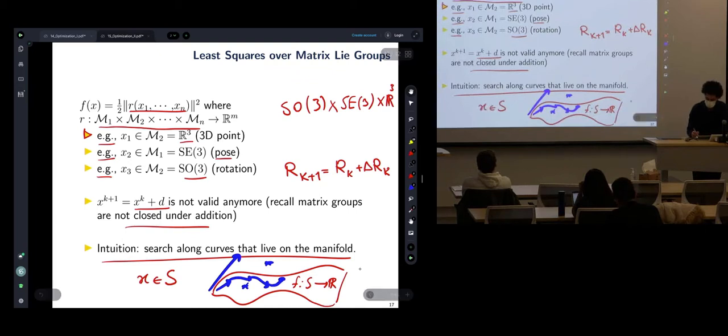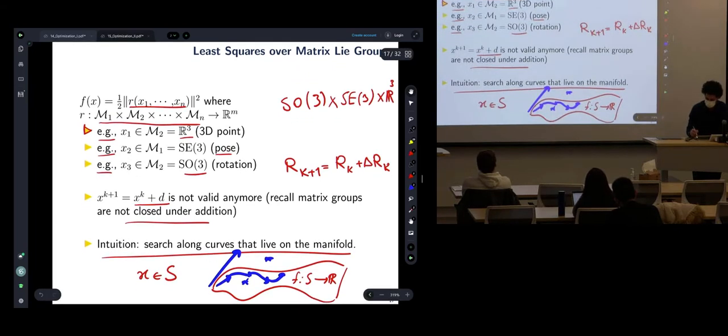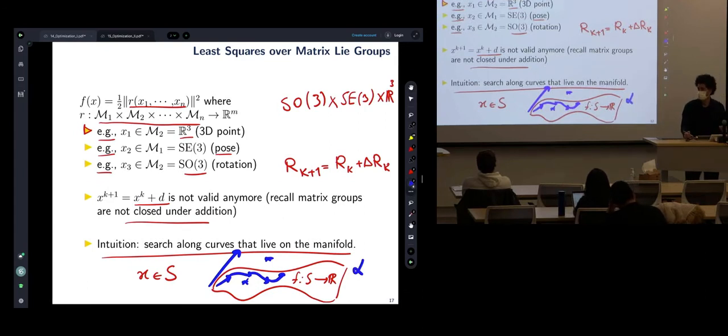If you're interested, I will share more references in this part. There's a very nice book by Professor Nicolas Boumal, who is at Princeton. He has a book on optimization on manifolds. It's a very accessible book for engineers.